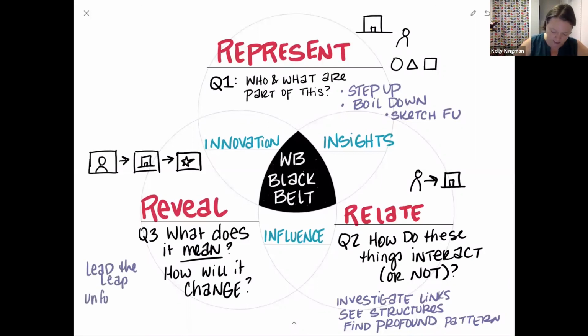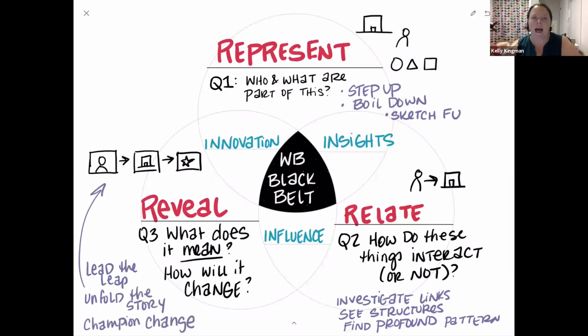We learn through narrative, so people need to understand how you came to the conclusion or what the resolution is. And then finally is champion the change, because by being someone for whom sketch is the second language, you'll be able to see that practice throughout your work community. So that's my framework for becoming a whiteboard black belt.